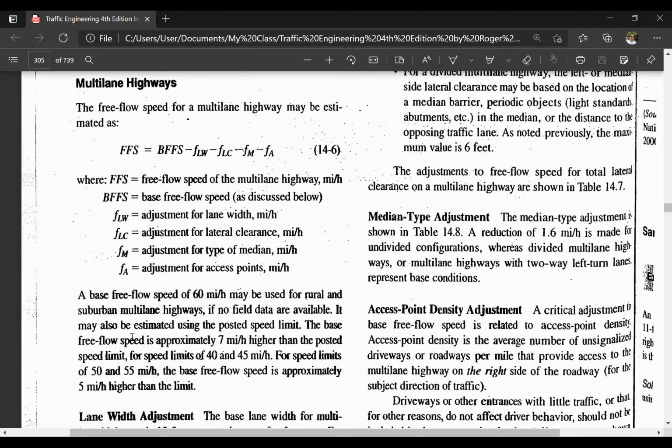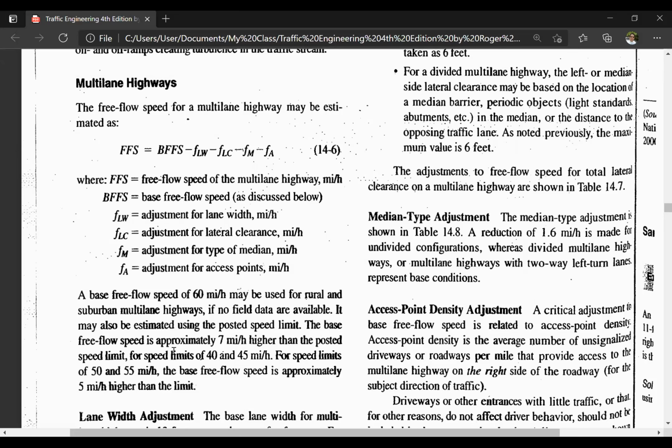Somehow it may be estimated using the posted speed limit. The best free flow speed is approximately 7 miles per hour higher than the posted speed limit. For example, if the posted speed limit is 40, the best free flow speed is 47.